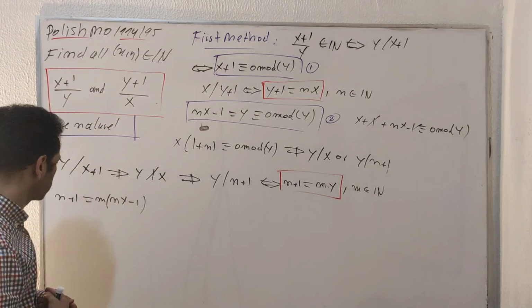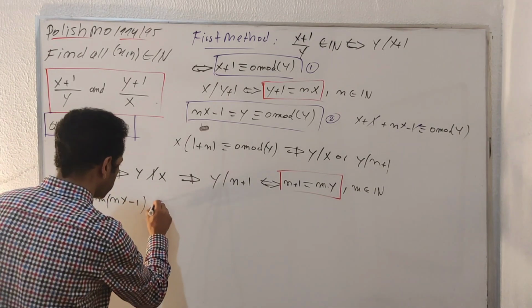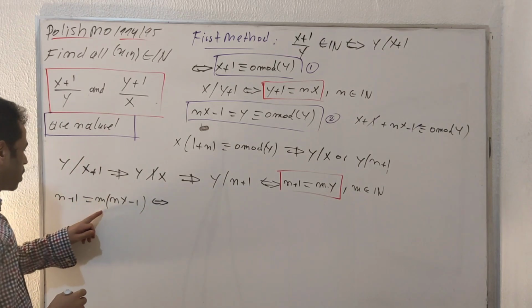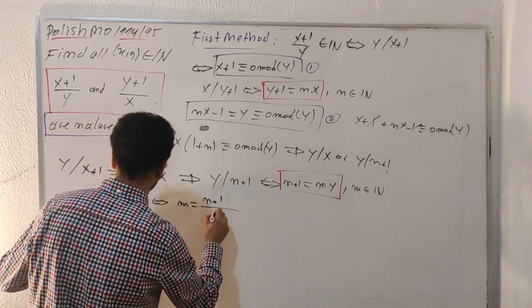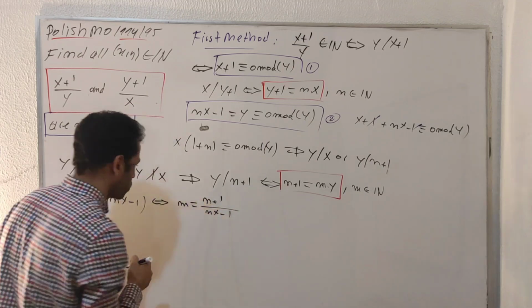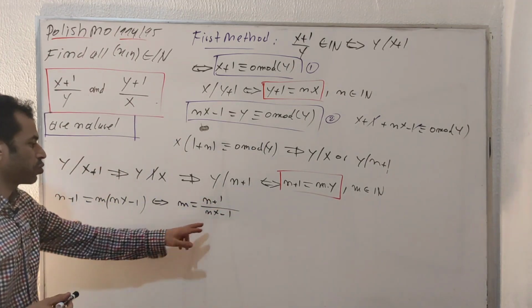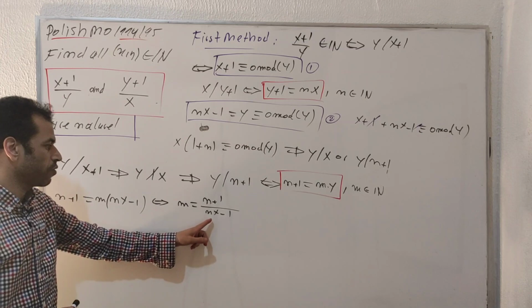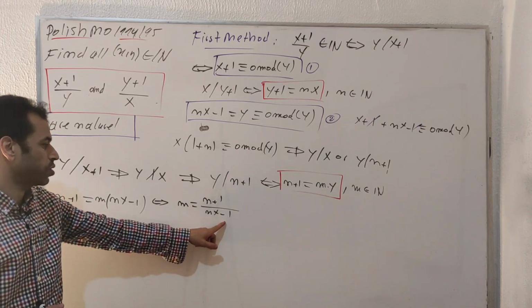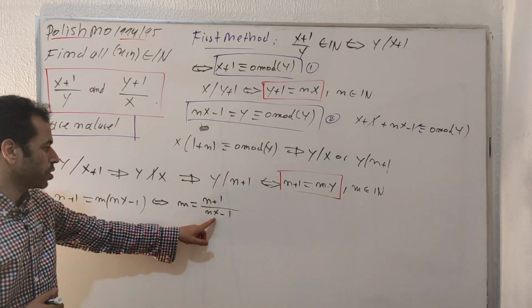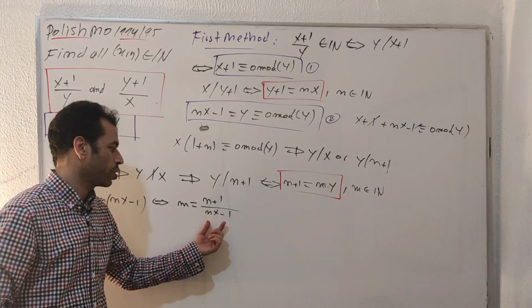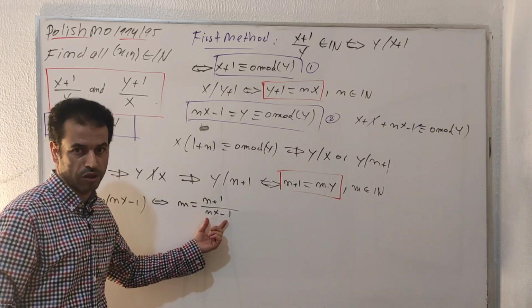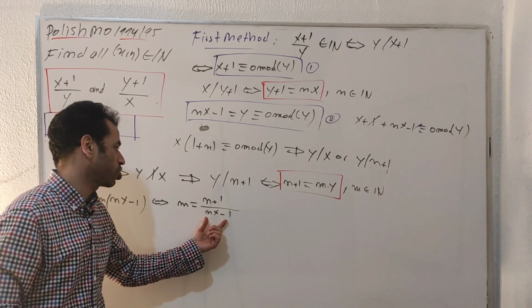Okay, this is equivalent to m equals n plus 1 divided by nx minus 1. So dividing both sides by nx minus 1, it's clear if nx minus 1 is different than 0, which means nx must be different than 1, in order to avoid 0 in the denominator. Okay, because we have a restriction here.